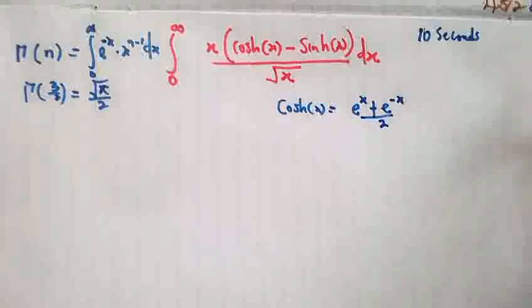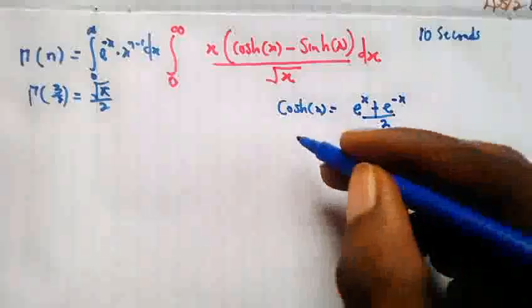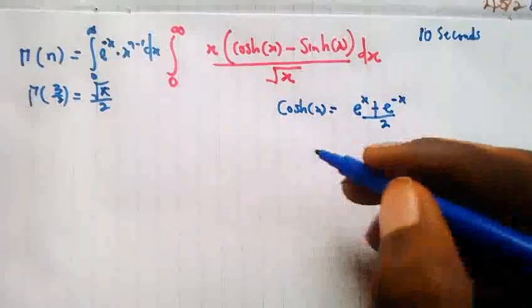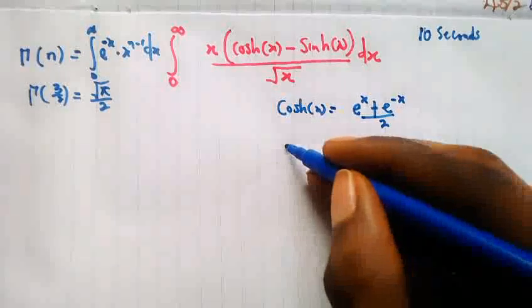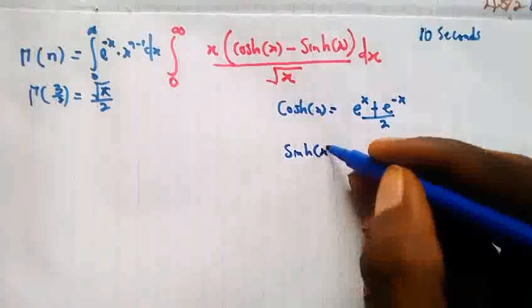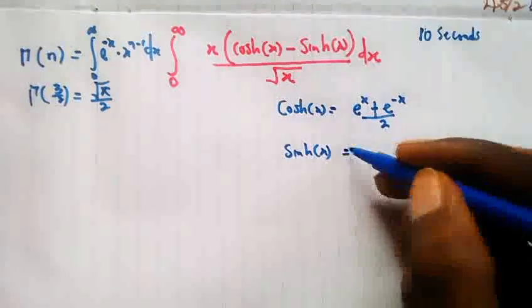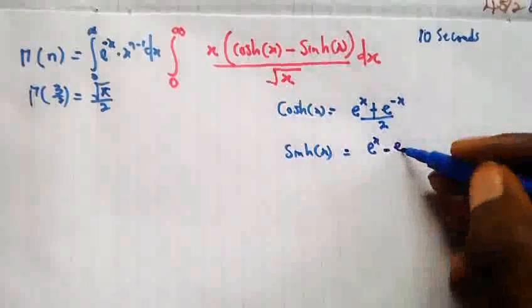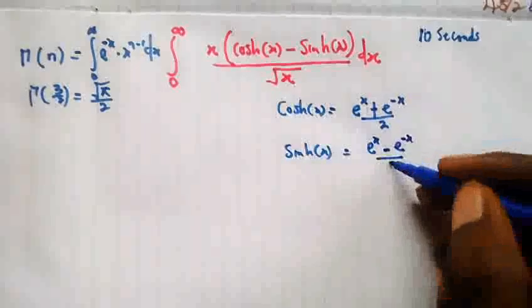And the hyperbolic sine function is e raised to x minus e raised to negative x, all over 2.